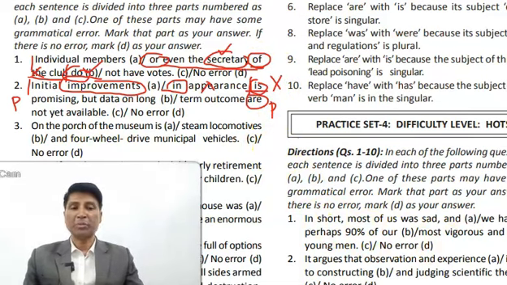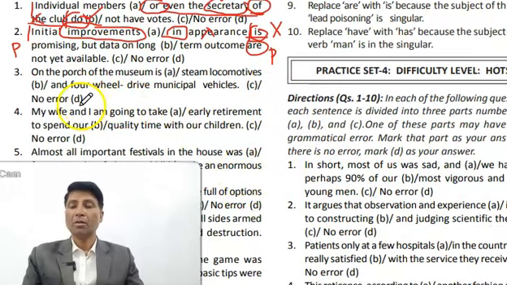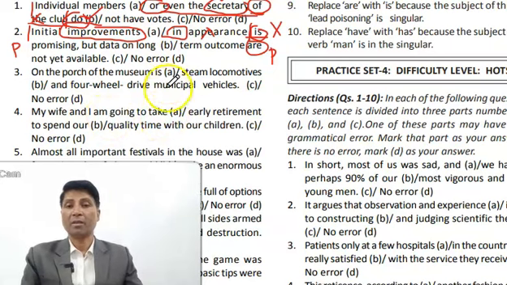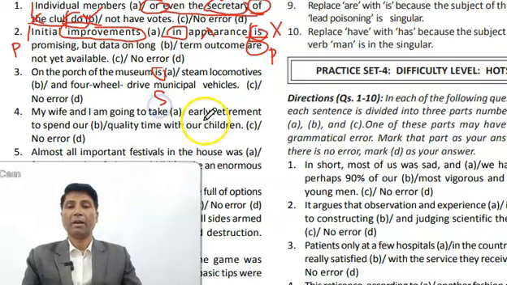Moving on to question number 3. On the porch of the museum is a steam locomotives and 4-wheel drive municipal vehicles. Very standard question. Let us analyze it. The finite verb of this question is this, which is singular. Now let us find out the subject.